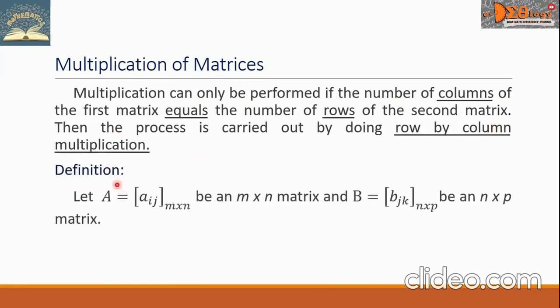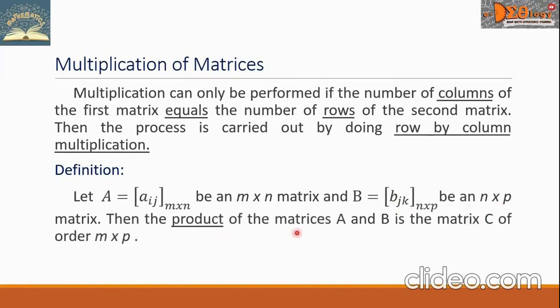Let matrix A equal the element a sub ij, with subscript m by n, be an m by n matrix, and capital B equal the matrix with element small b with subscript jk, with another subscript n by p, be an n by p matrix.